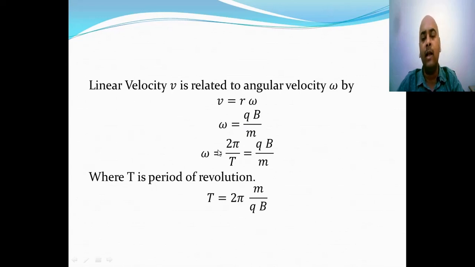The angular velocity can also be specified as 2 pi by T, where T is the time period of revolution. So by using omega, which is qB by m, which is also equal to 2 pi by T, the period of revolution, that is the time required to complete one revolution in a circular path, can be calculated as T is equal to 2 pi m by qB.